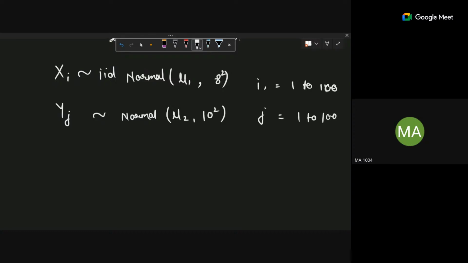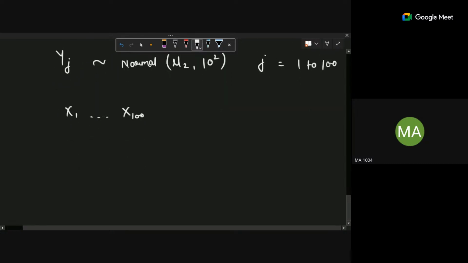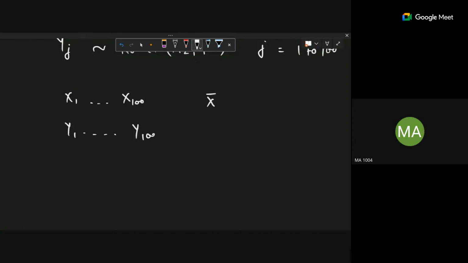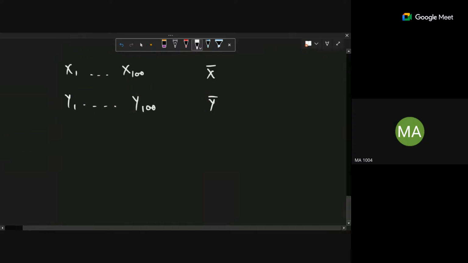Then they have also informed that x1 to x100, like this was for 100 men, they observed the time and found out their average, and similarly they checked the average for 100 women and calculated the difference between the time spent on social media by men and women.